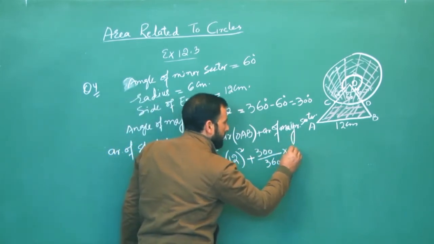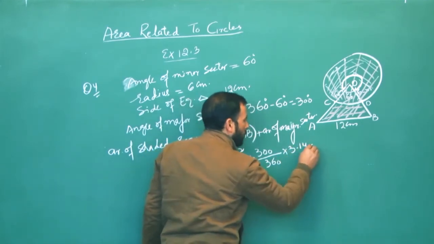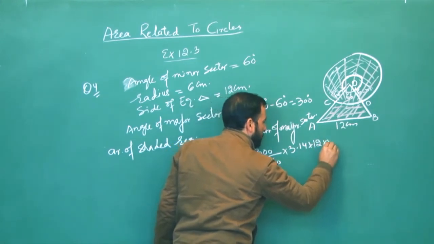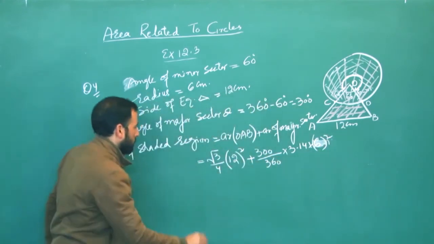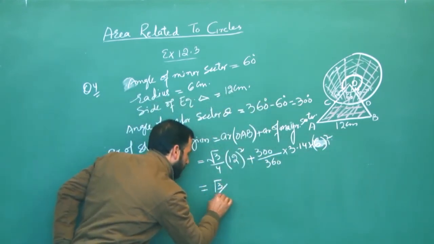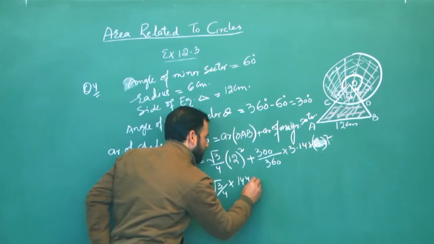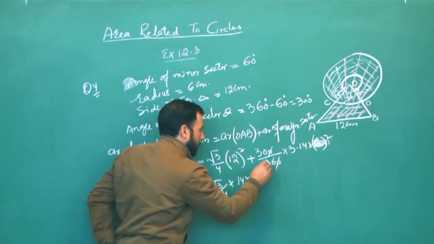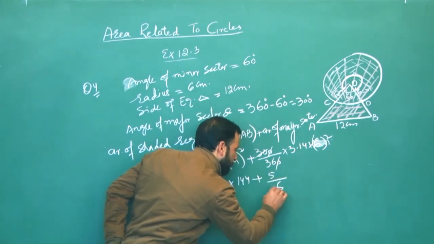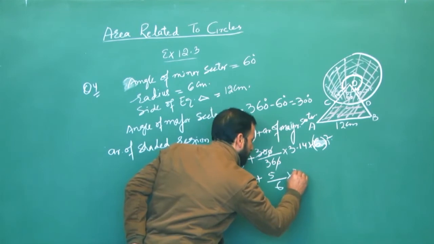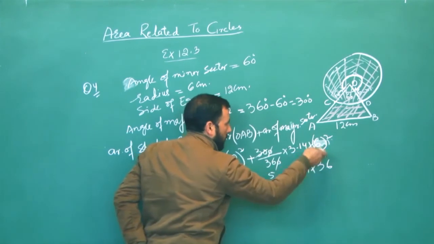Pi is 3.14, into r square, which is 6 square. So it is square root of 3 by 4 into 12 square, which is 144, plus, we cancel out a 0 and a 0, it equals 5 into 6, and 6 into 6 is 36, into 3.14 into 36, because 6 square is 36.